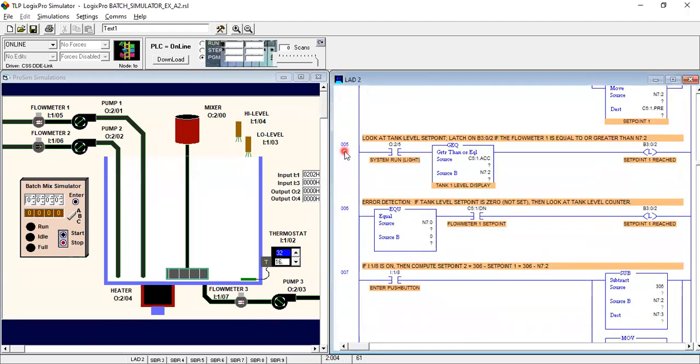So in the 5 number rung, we will look at the tank level set point. Latch on B3:0/2. If the flow meter 1 is equal to or greater than integer N7:2, okay. As you can see, this is the move instruction, we have this same instruction.